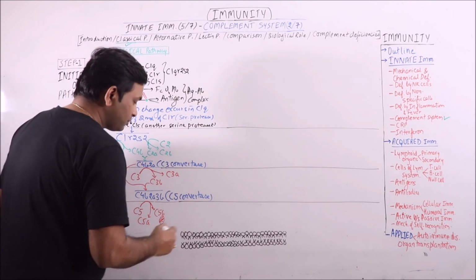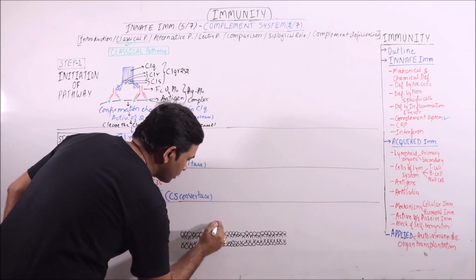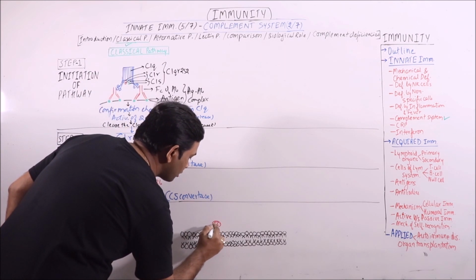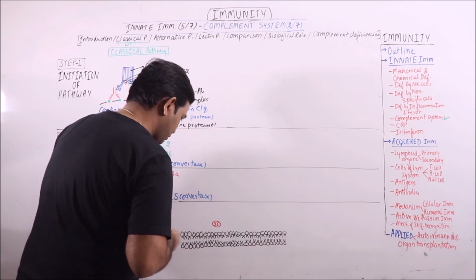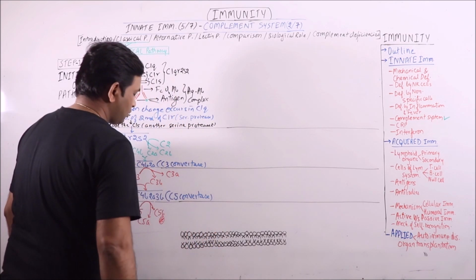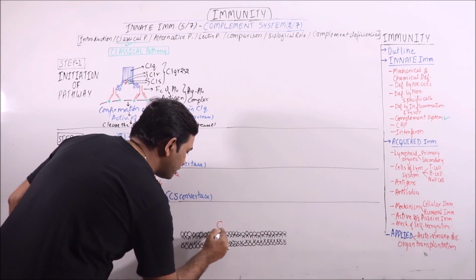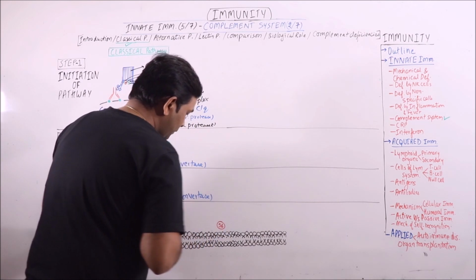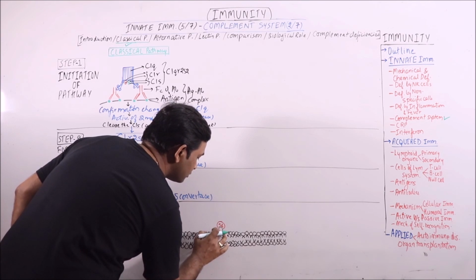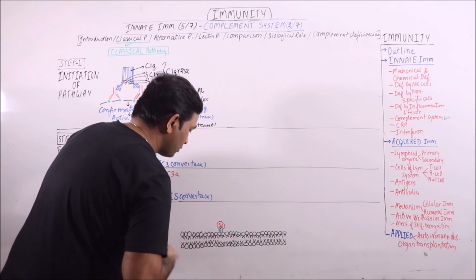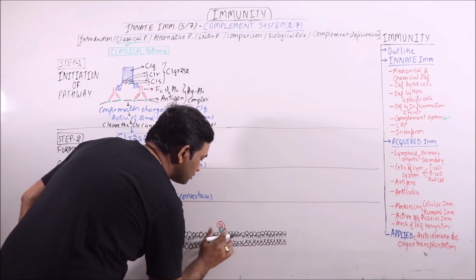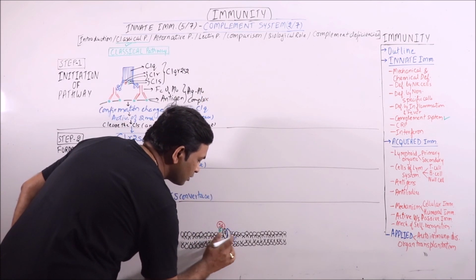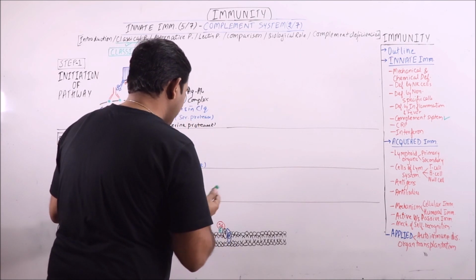Once C5B is formed, it will come closer to the membrane, and it will recruit 6, then 7, then 8, and many molecules of 9.